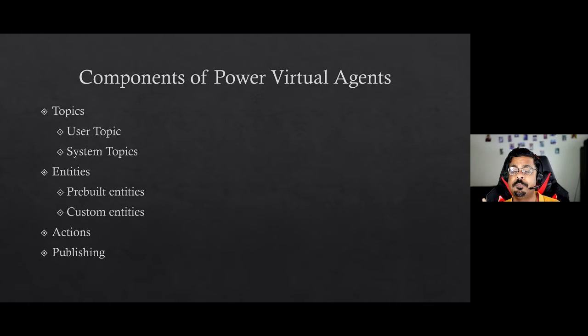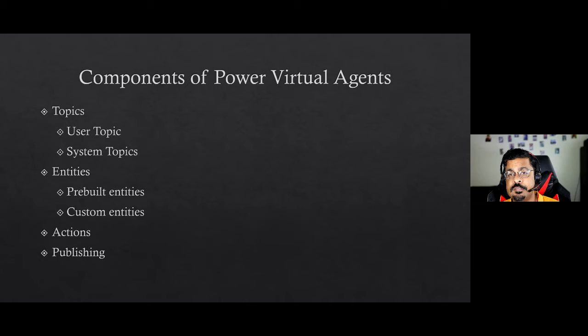There are two types of topics. One is the user topic and one is the system topic. A user topic is where you can create your own topics, have multiple trigger phrases in the topics, and then manage those topics as well. There are a couple of system topics which are already there.